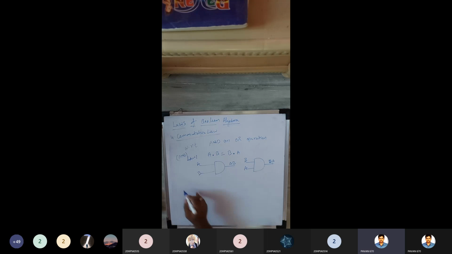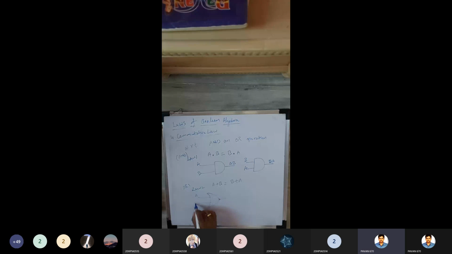And similarly, with respect to OR operation. Law 2: A plus B equal to B plus A. This is with respect to OR. By mistake I had written it there. This is with respect to the OR statement. The corresponding diagram is some OR gate, and I am just trying to change the positions of the inputs.